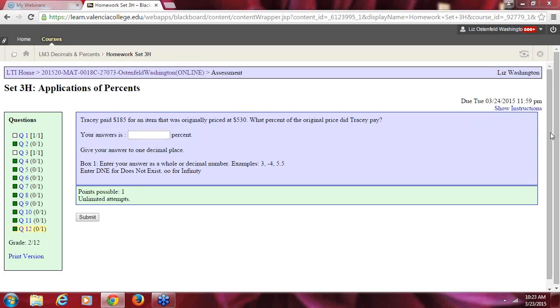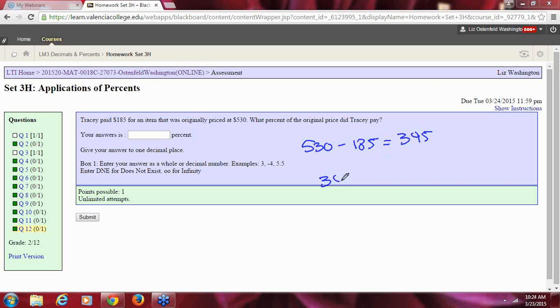Okay, this is just like the percent increase and decrease we did earlier. It says Tracy paid $185 for an item that was originally priced at $530. What percent of the original price did she pay? Again, you got to find the difference between the new number and the old number. So when you do that subtraction, you're going to get $345.